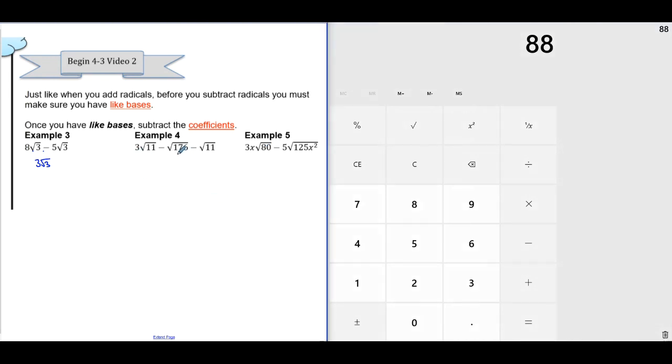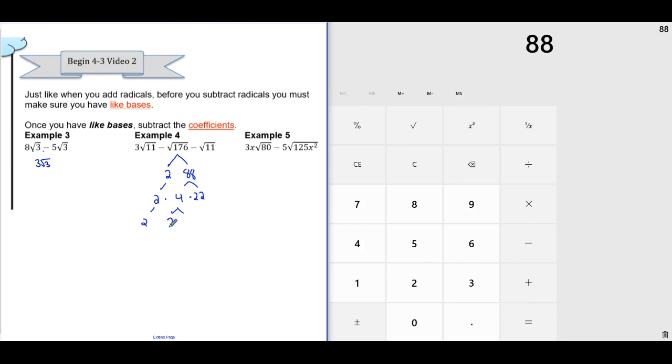So let's do 2 and 88. Now 88, let's do 4 and 22, I think is going to be the best way to go there. You could do 8 times 11 as well, but 4 and 22 is going to make my tree a little bit easier to deal with.